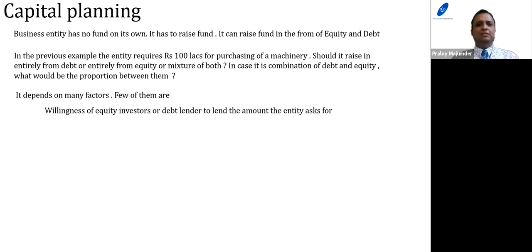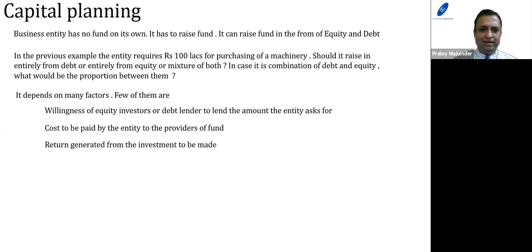First, the willingness of equity investors or debt lenders to lend the amount the entity asked for. In this case, the entity is asking for 100 lakhs. Whether those people who are willing to put in the money in the form of equity or debt are willing to give 100 lakhs. Next is how much the business entity has to pay to the providers of fund, that is, equity holders or debt lenders.